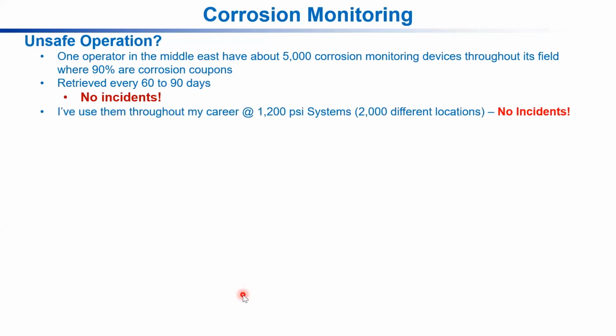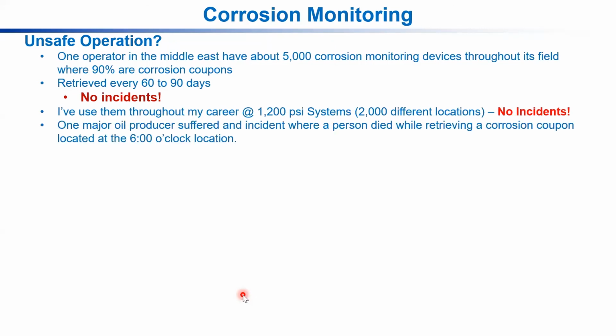I myself used it throughout my career in systems of 1200 and a little bit higher PSI systems in 2,000 different locations, no incidents. On the other hand, one major oil producer suffered one incident when one person unfortunately died.